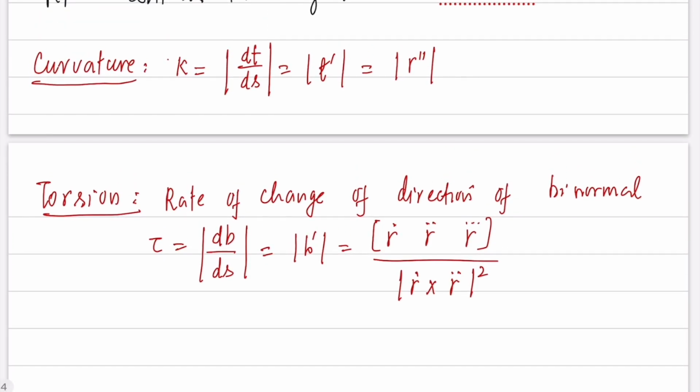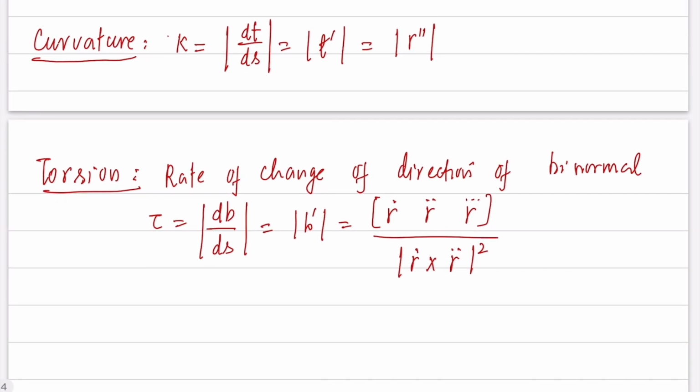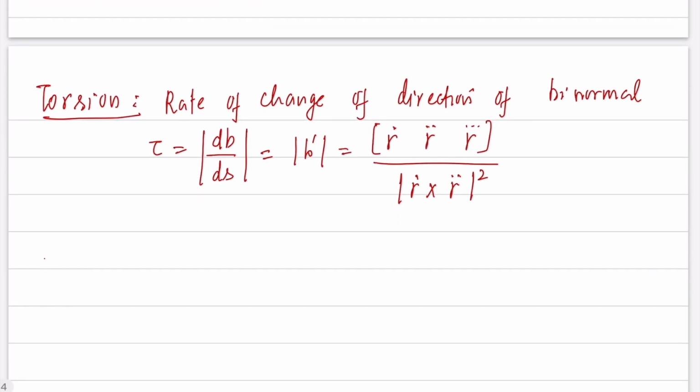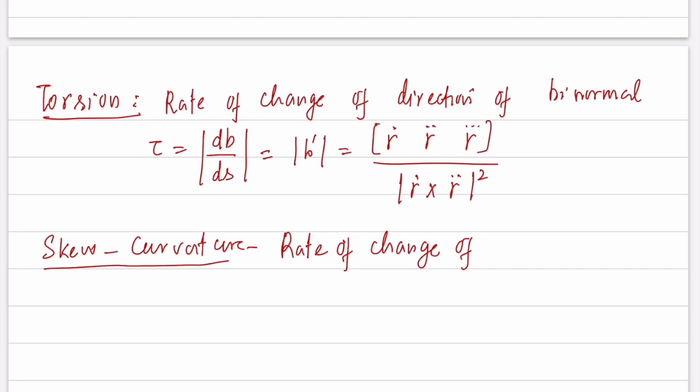As we know, we have three mutually perpendicular vectors: tangent, normal, and the binormal. Now we have curvature, the rate of change of direction of a tangent, and torsion, the rate of change of direction of the binormal. Similarly, we must have a name for the rate of change of direction of the normal. That is called the skew curvature. Most of the time it is written as principal normal, but principal normal and normal are almost the same.